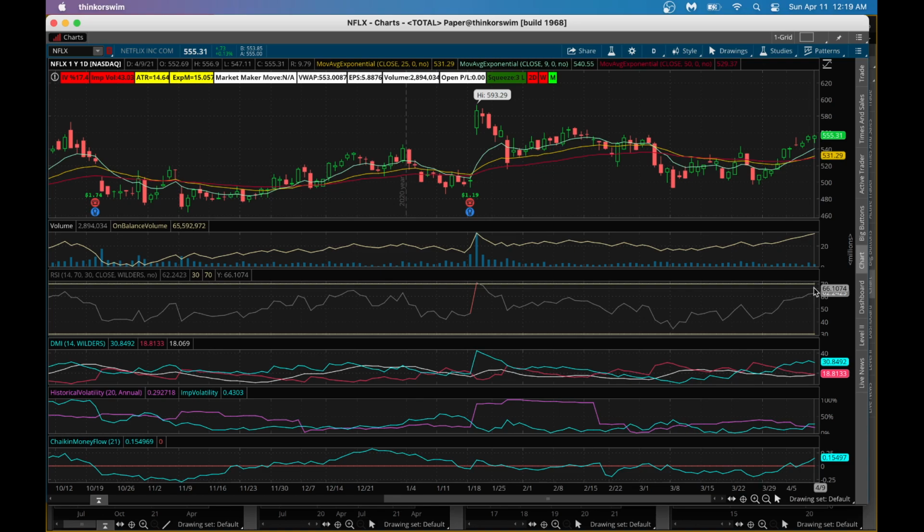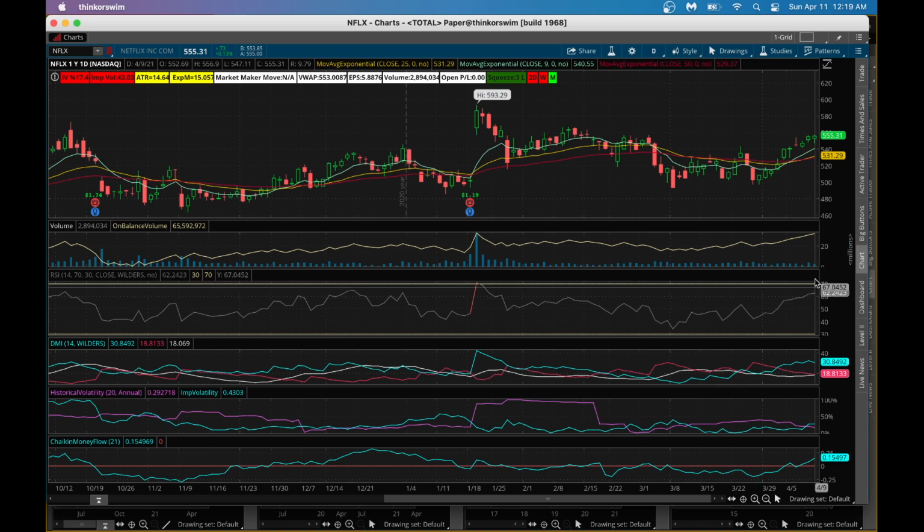Typically, if I'm selling put options, I like the implied vol to be high. I want the stock to go up, so I will take that back. I want RSI to be a little bit lower in case I'm selling put options, so that way selling a put option is a bullish strategy. We want the stock to go up.